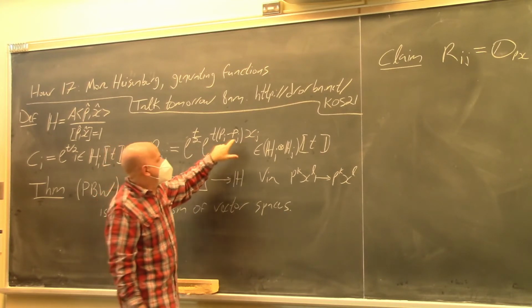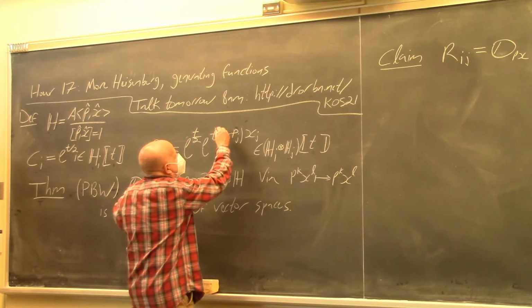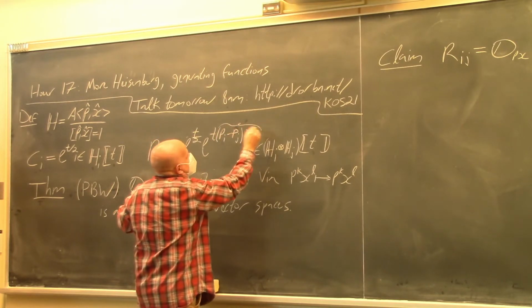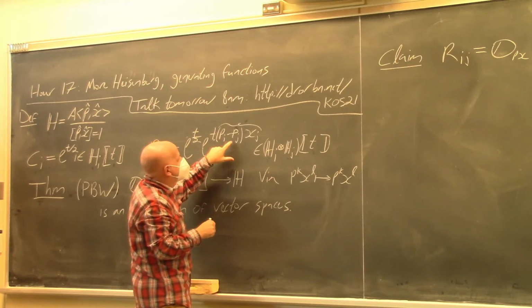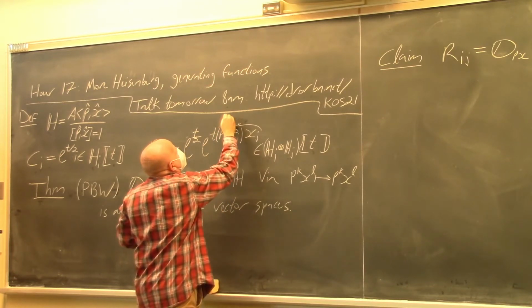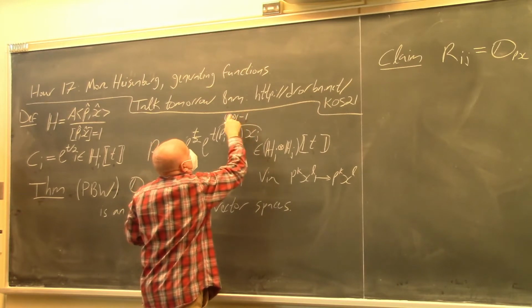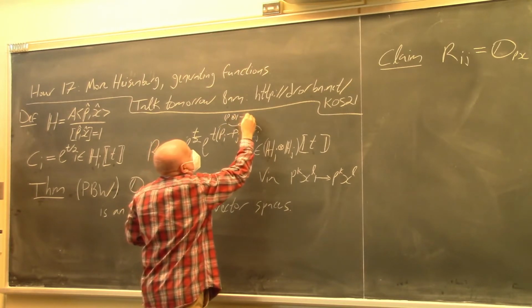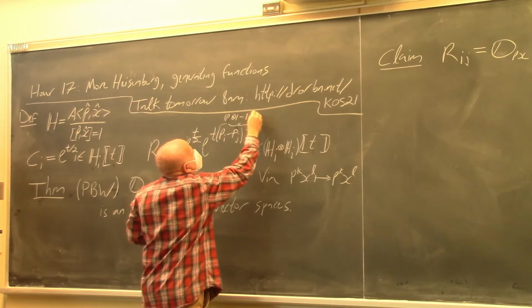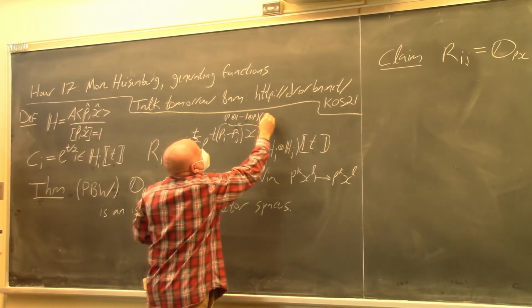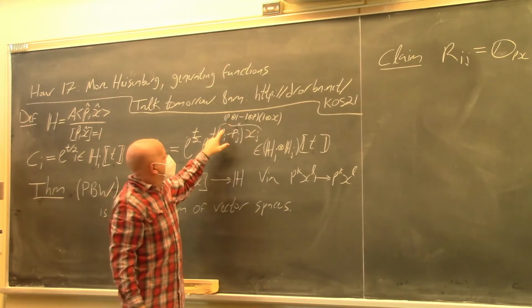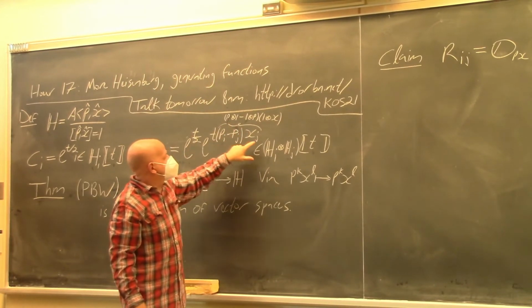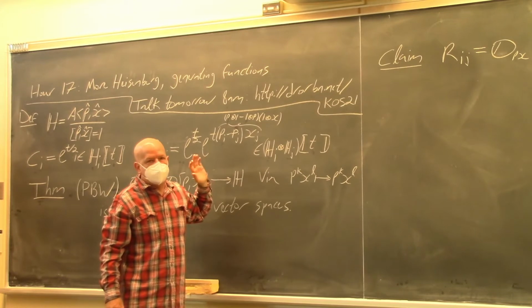And again, the way to understand this: this is really p tensor 1 minus 1 tensor p, times 1 tensor x, if you use standard notation, where i is the first tensor factor and j is the second tensor factor. Okay.